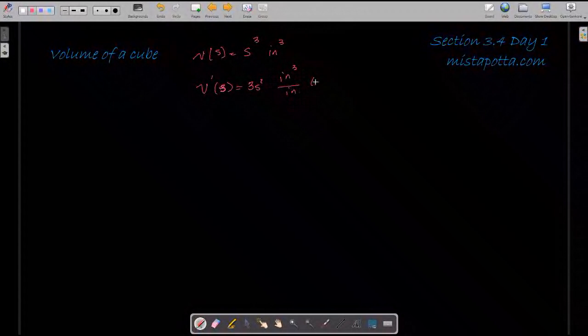Now this looks a lot like inches squared. And I do have something that depends on the side squared.